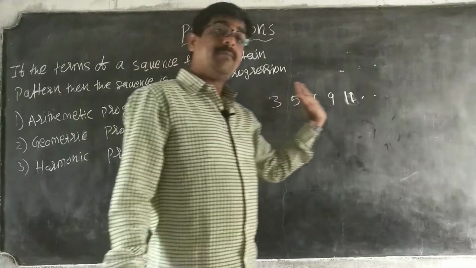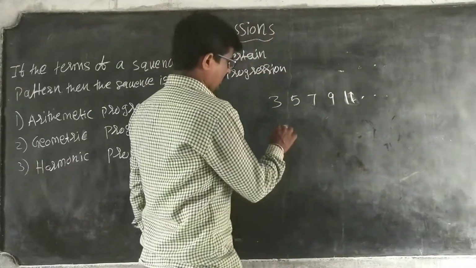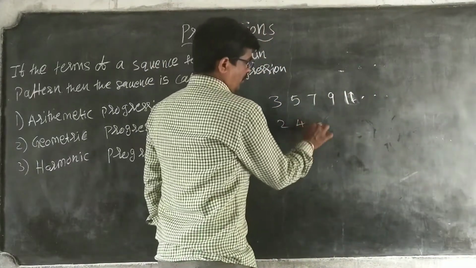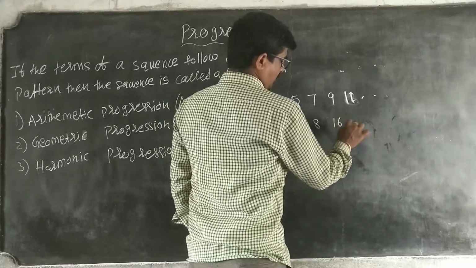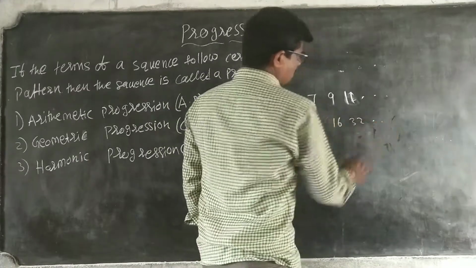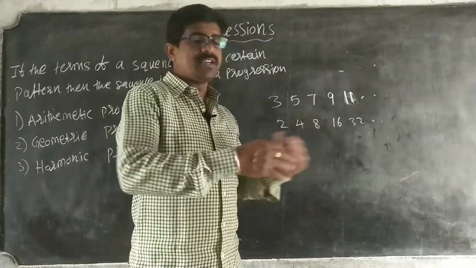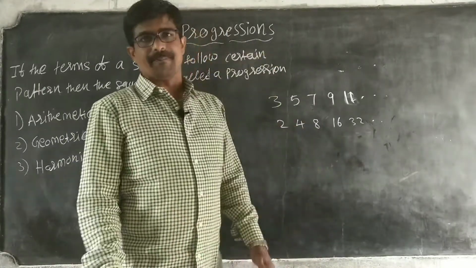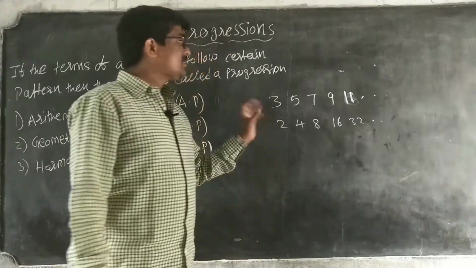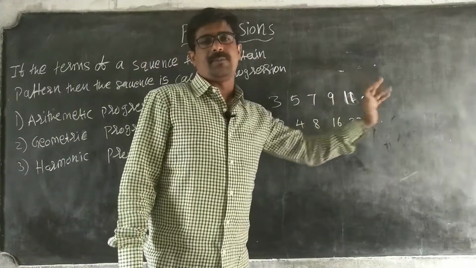This is a particular pattern. Another one: 2, 4, 8, 16 and 32. This is also one pattern because 4 by 2, 8 by 4, the ratio is same. This particular pattern is called progressions.